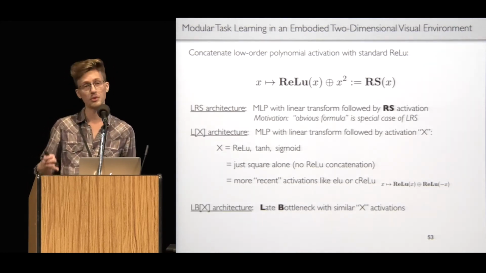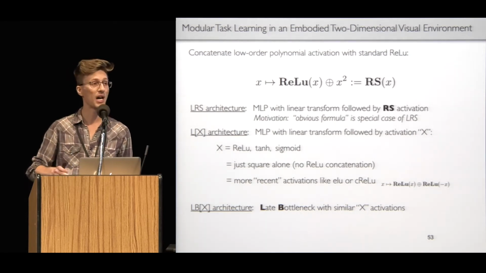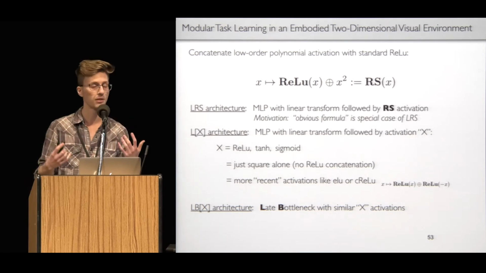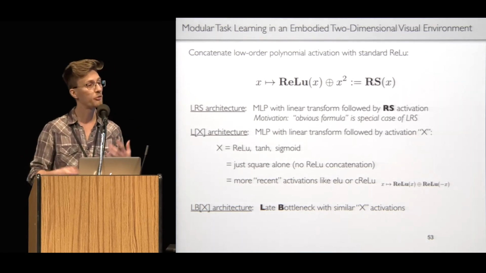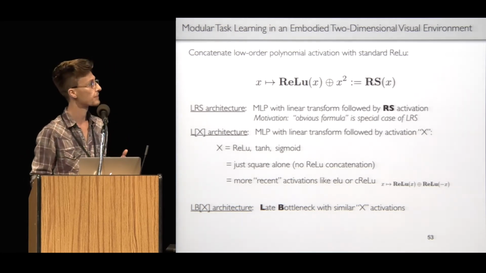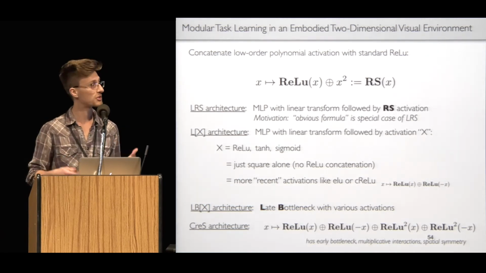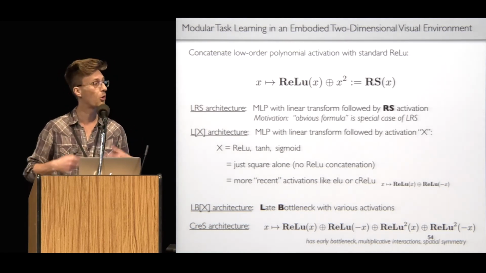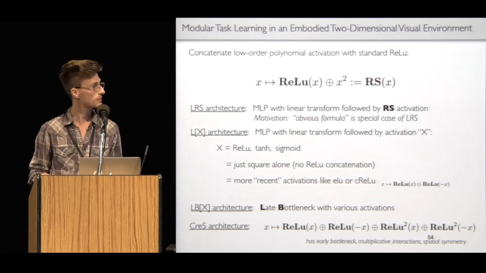In contrast, we make the analogous late bottleneck LBX modules, where those large visual features are directly combined with the action space before any bottlenecking has been done. And lastly, to factor in symmetry, we take the base ReLU nonlinearity and concatenate on the square of both of its terms. This is what we call the Cre-S, and it's going to bring us all three generic principles.